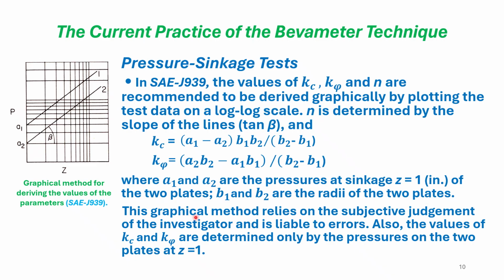This graphical method relies on the subjective judgment of the investigator in plotting test data on the log-log scale and is liable to errors. Also, the values of Kc and K phi are determined only by the pressures on the two plates at z equals 1.